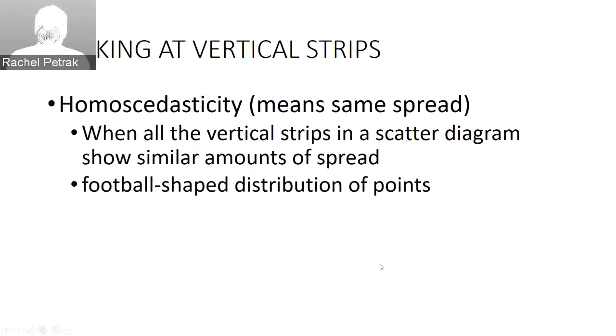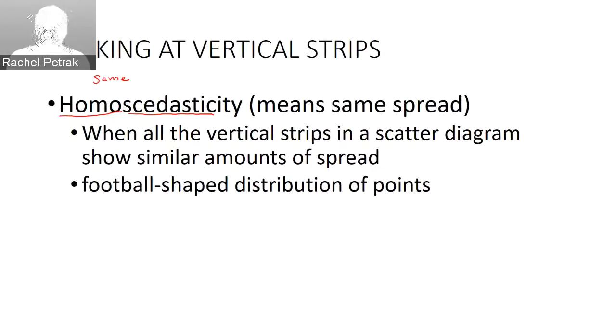We also looked at these vertical strips and described them as either homoscedastic or heteroscedastic, meaning just if they're homoscedastic, that the dots have the same or homo spread, which scedastic is just another fun word for spread.